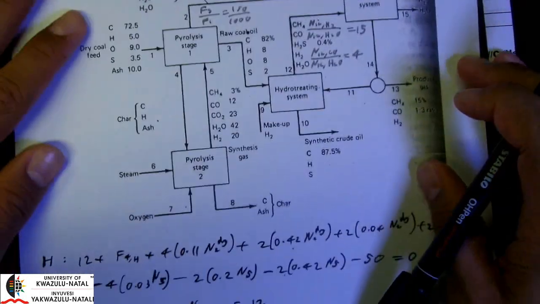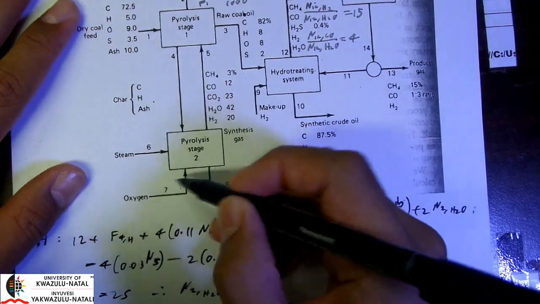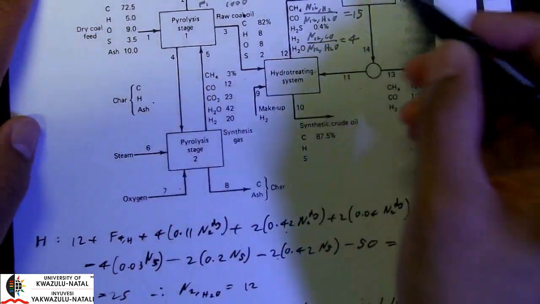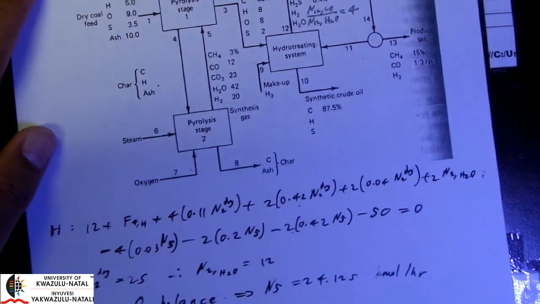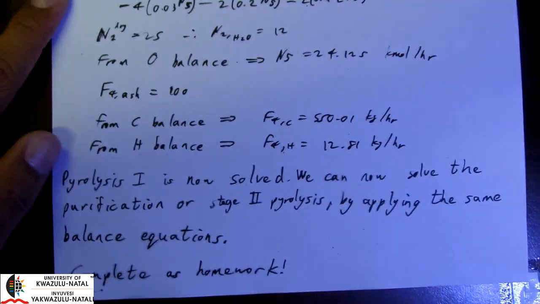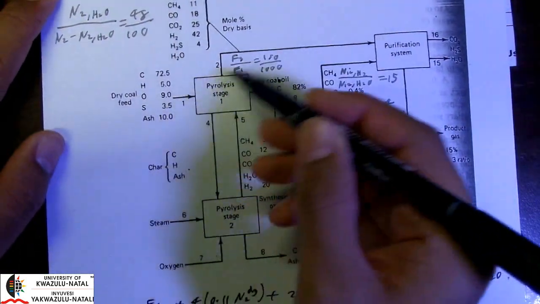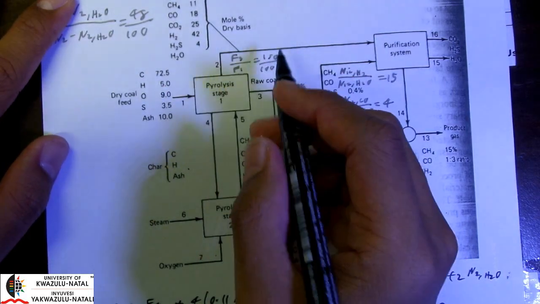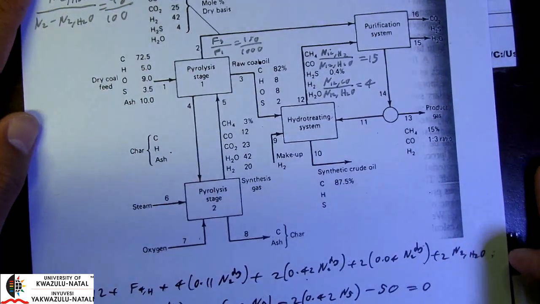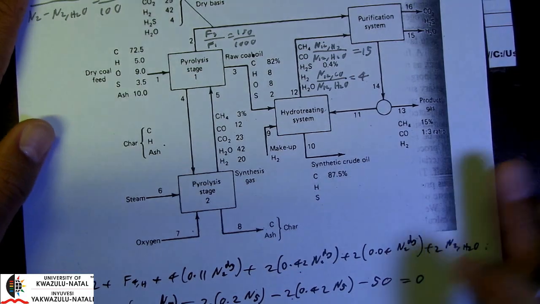And we can also move on to pyrolysis stage 2, and thereafter the purification, the hydrotreating, and finally the splitter. And I encourage you to complete this as homework. For our particular pyrolysis stage 1, we simply wrote out our balances, and it was quite simple enough to solve our balances sequentially.